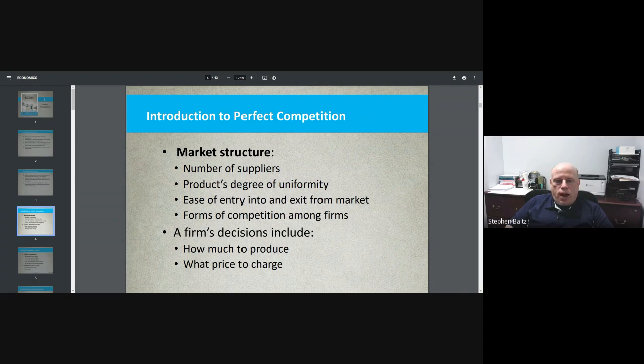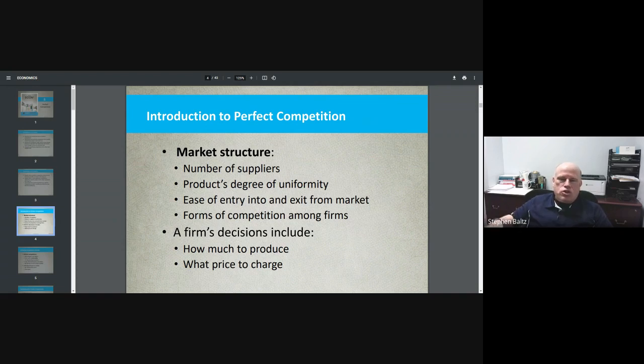Also, the forms of competition among firms. For example, in perfect competition, the most simple market structure, you have the highest level of competition you can possibly have among firms, where no individual competitor has any control over the price. So the only thing you have control over as a perfect competitor is how much you produce.